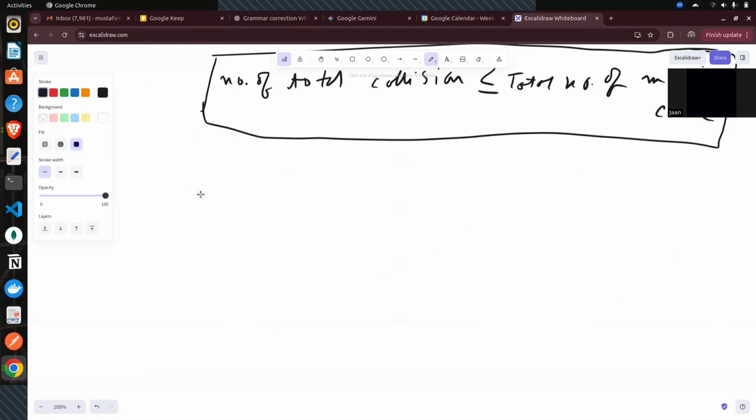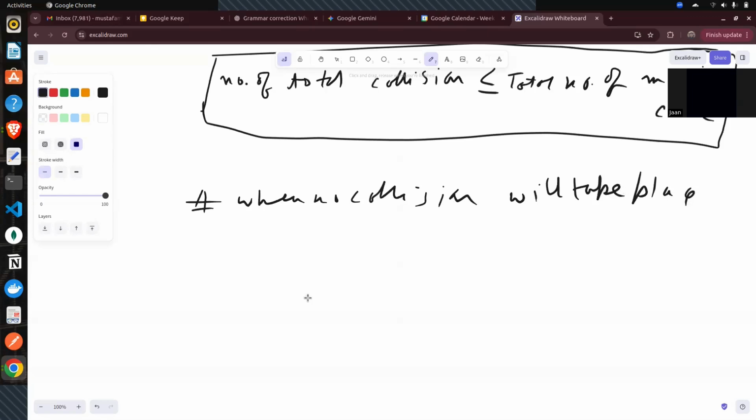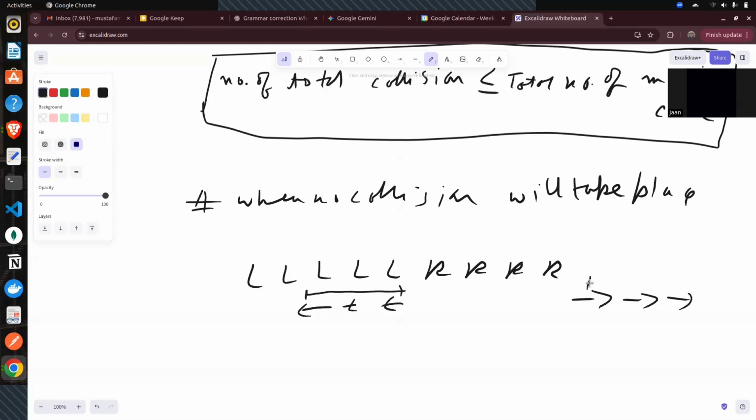And one more thing we can conclude is when no collision will take place. Looking at left and right, if all the cars are moving in this direction, then they will never collide, or if all move in this direction, they will also never collide.